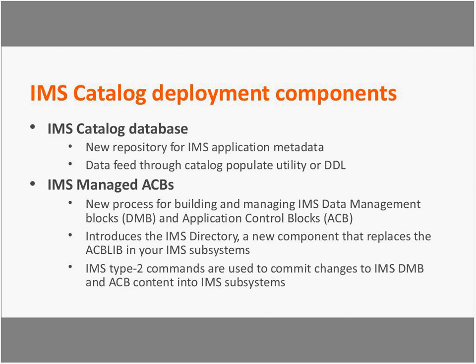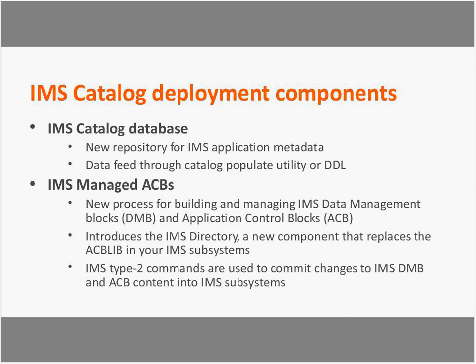So when we talk about managed ACBs, how is it supported? Well, it's supported via a number of PDSE datasets. PDSE datasets contain control blocks in a format similar to what ACB Lib contained, and they must be in sync with the catalog.